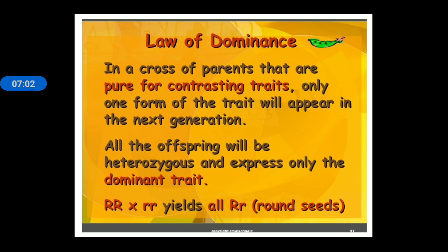According to this law, in a cross of parents that are pure for contrasting traits, only one form of the trait will appear in the next generation. All the offspring will be heterozygous and express only the dominant trait. For example, capital T is dominant over small t, meaning the tall character of the pea plant is always dominant over the dwarf character.